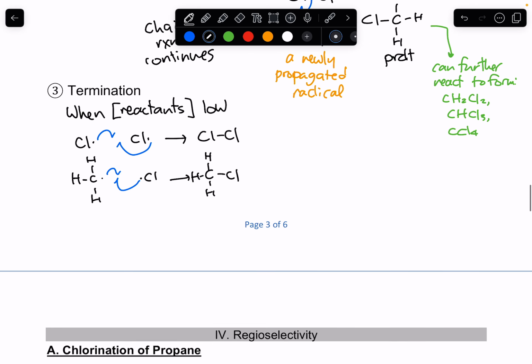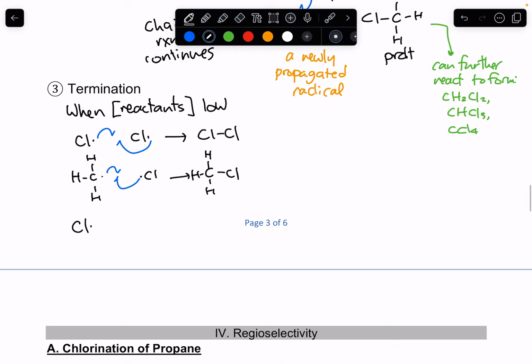Or often the case, the radical just reacts with the wall of the reaction vessel, like a glass, because it's so reactive.